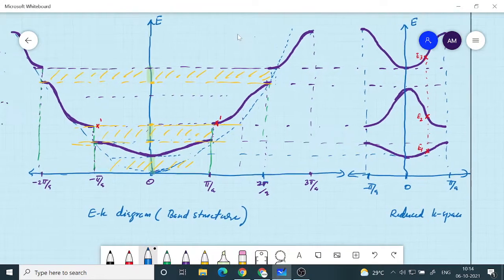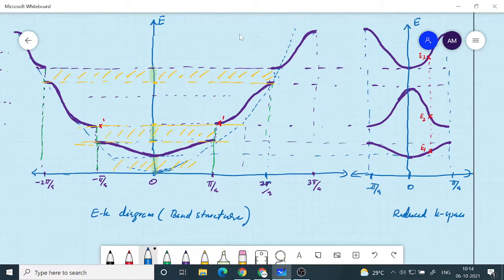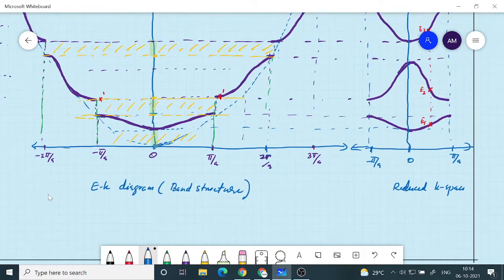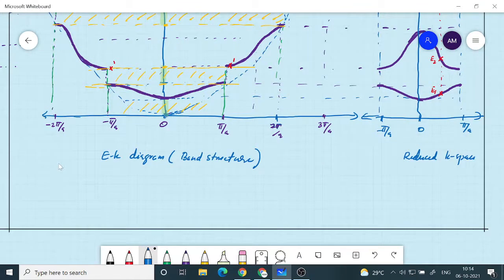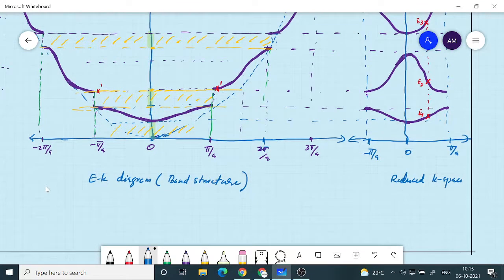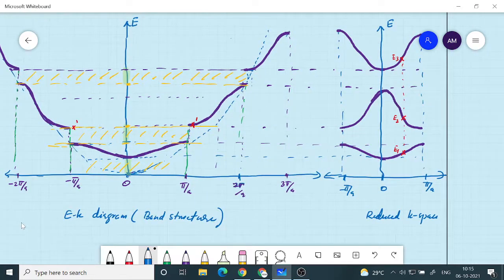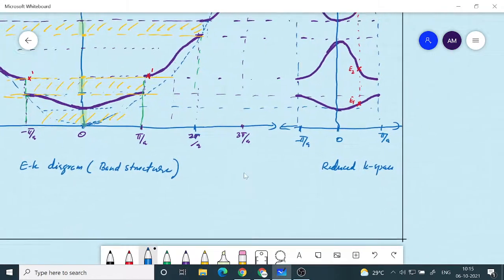Because of the Bloch wave function all these things come out. We are able to solve it also because of the Bloch function. Now, just like we talked about momentum for a free particle, we can talk about velocity and mass of these particles. So that's what we are going to discuss next.